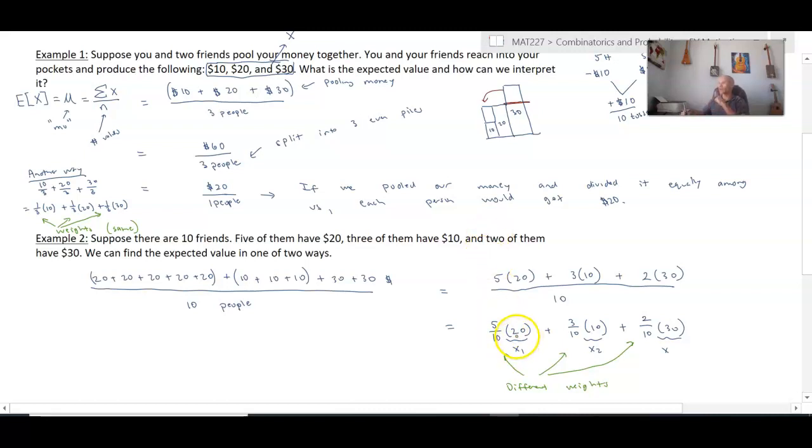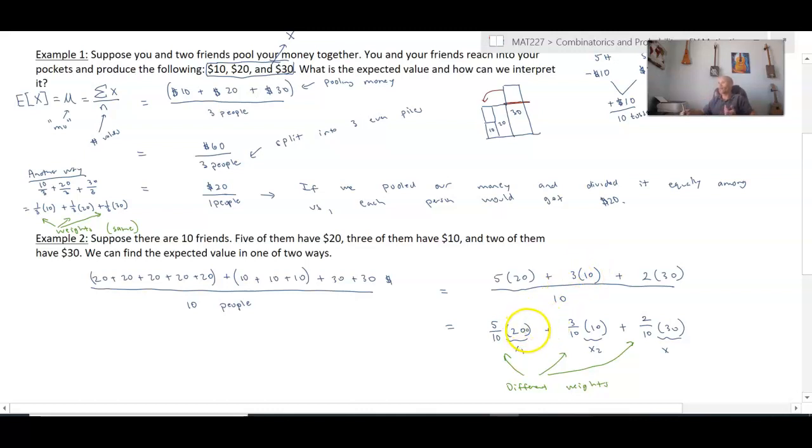Well, first of all, the 20 has a higher weight because half of the people are contributing that amount. The 10 has a lower weight because 3 out of the 10 people are contributing that amount. And $30 has the lowest weight because only 2/10 of the people are contributing that amount. And notice that we can use the traditional average, adding up all 10 values and then dividing by the 10 values.